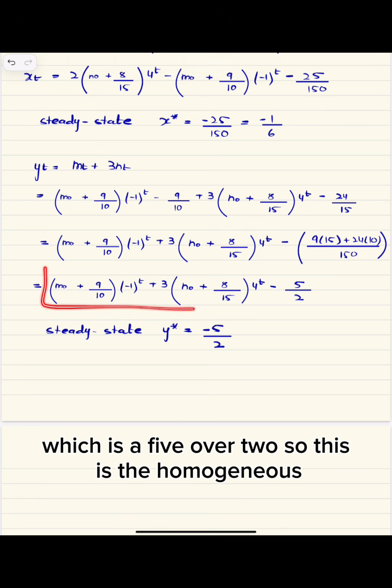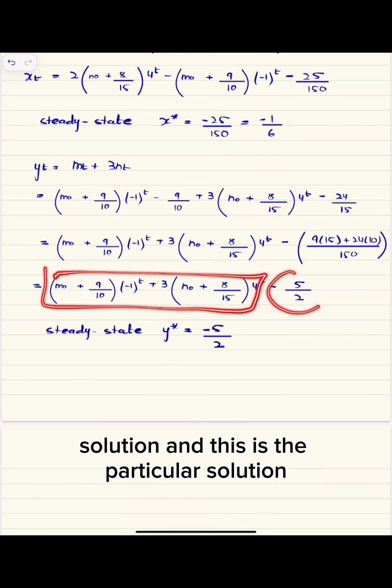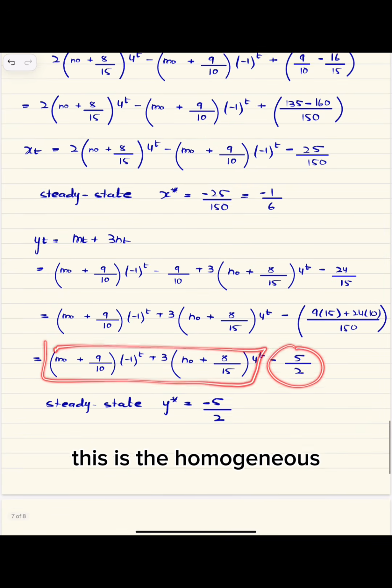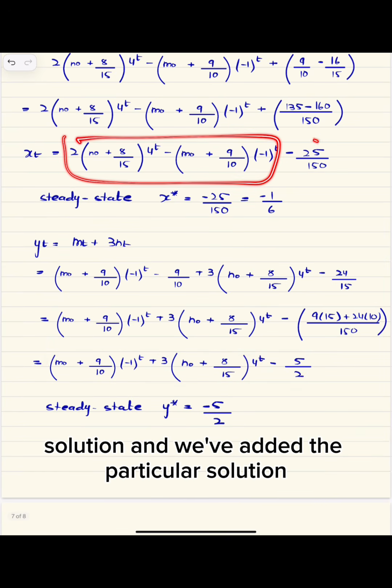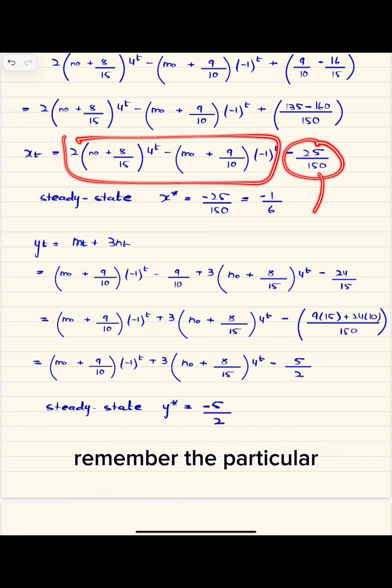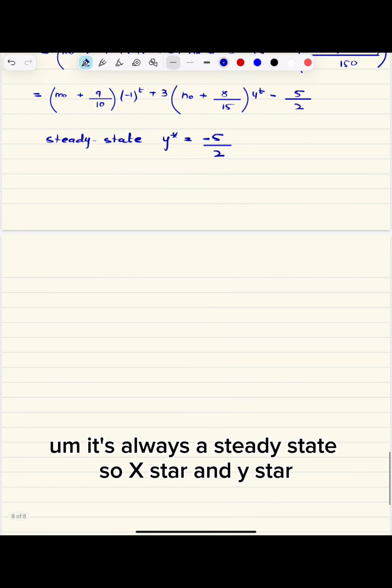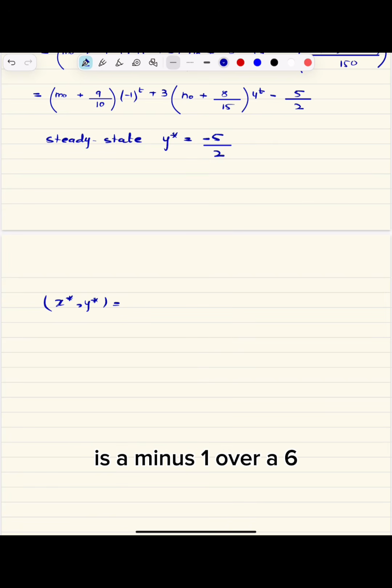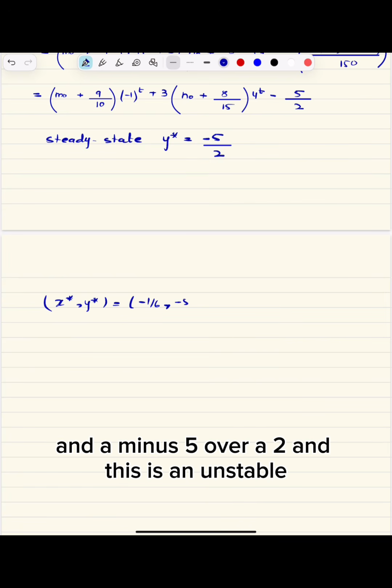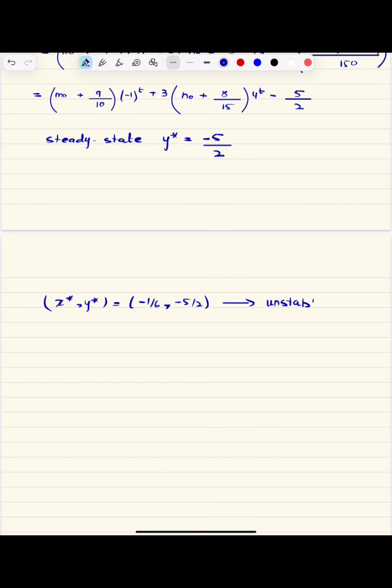So this is the homogeneous solution and this is the particular solution. Remember, the particular solution is always the long run. It's always the steady state. So x star and y star is minus 1 over 6 and minus 5 over 2, and this is an unstable steady state.